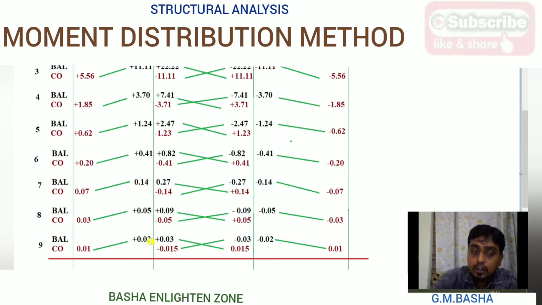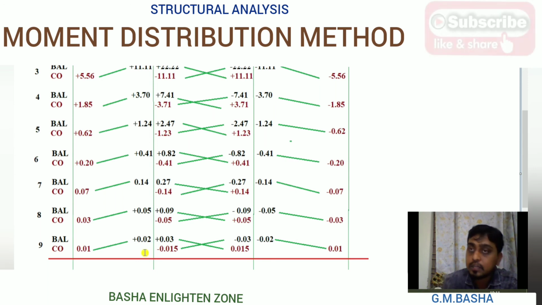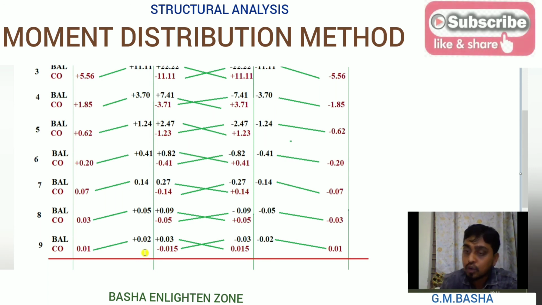You can repeat this procedure again for the next cycle, balancing and carry over. In the next step there is a chance of getting 0.015, 0.001, like that 0.0. After 2 decimals 0, approximately that value will be equal to 0 only.